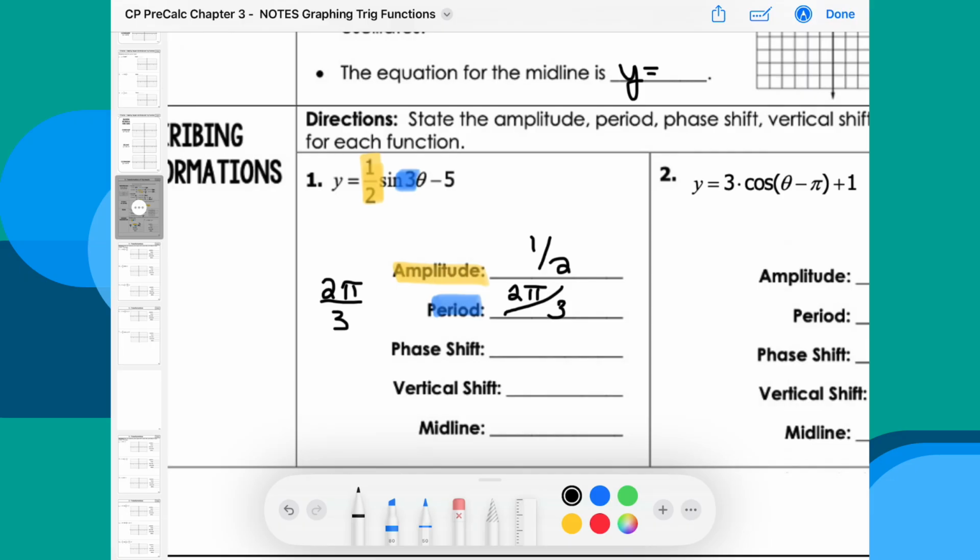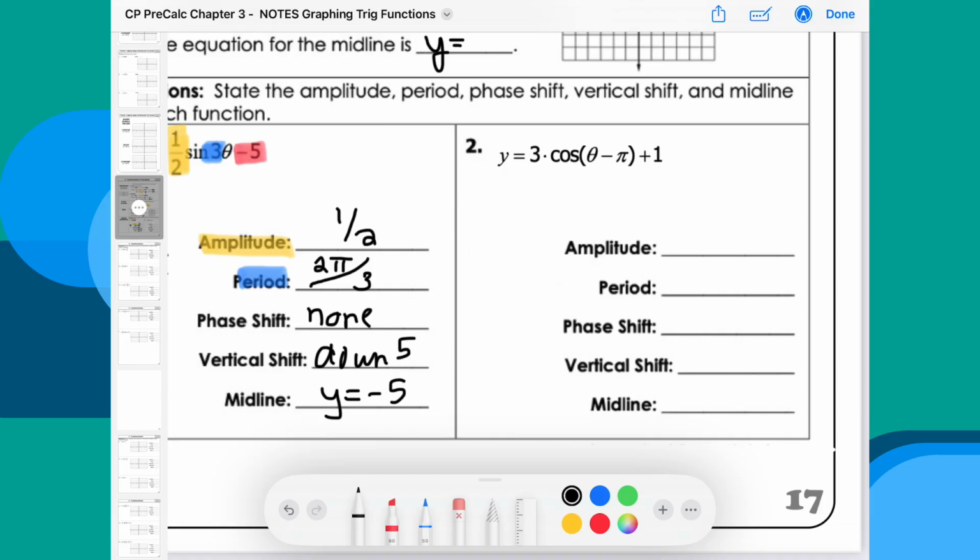Our phase shift would be that horizontal shift. We don't have any here, so we can just write none. We can see that we have a minus 5 at the end that's not in parentheses, and that's how we know that we went down 5 units. So our midline is at y equals -5.